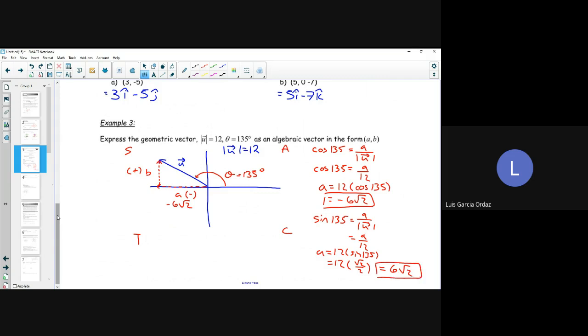So remember, A is like my x, and B, my apologies, is like my y value. So remember, vector u is equal to (a, b), which means vector u is equal to (negative 6 root 2, positive 6 root 2).